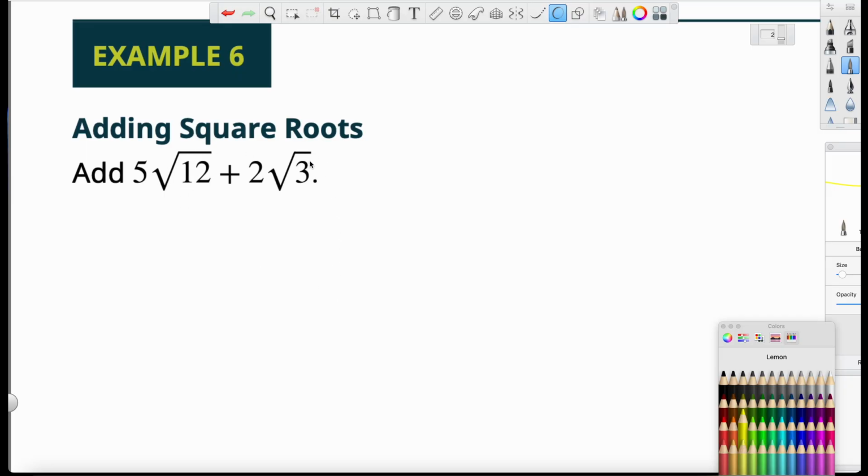And these are both square roots, but we could have cube roots and things like that. So it's got to be the same radical. So 12 and 3 are not the same. Do we just give up and say, oh, we can't add these? Well, 12 has a perfect square factor in there. So how about we rewrite this as 4 times 3.